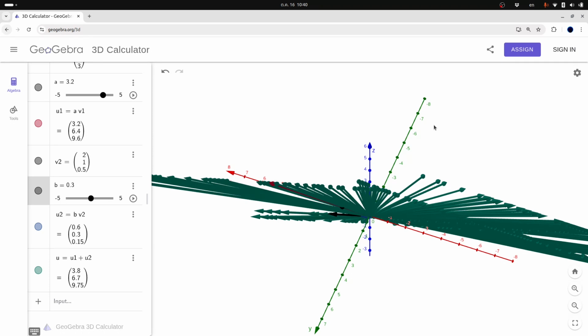If I can find some vector outside of this plane, and I take the span of these two vectors with that third vector, then I can go anywhere in 3 dimensions. So this is the idea of linear combinations and span, visually.